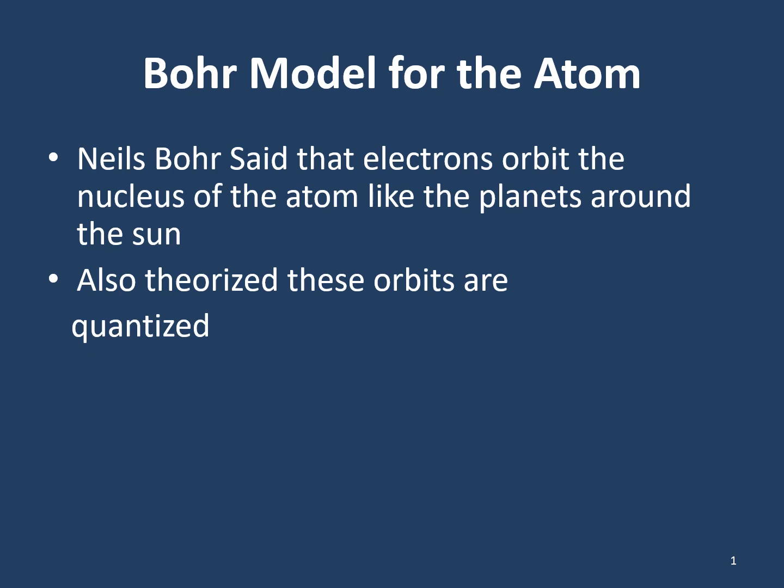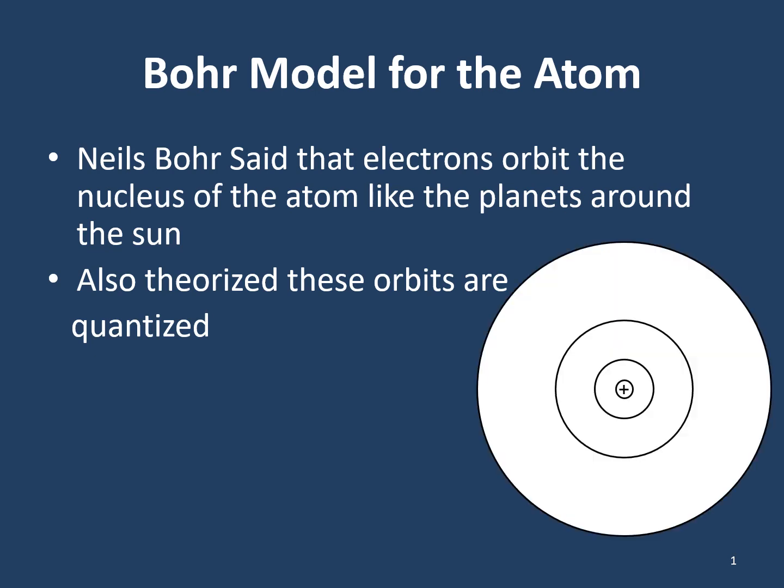So to continue talking about what Niels Bohr then predicted, he said, like I just mentioned, that we have these orbitals, and the only possible locations for electrons to hang out are in these rings around the nucleus. The nucleus in this example is my plus sign, because nuclei have positive charges.